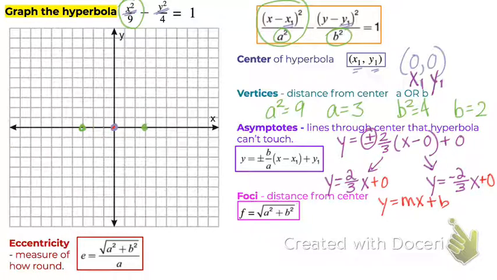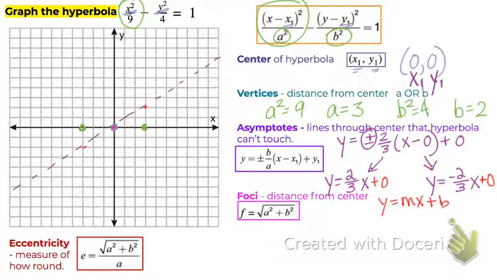So the first equation, the slope is 2/3, so that means we're going to go up 2, and since it's positive, we're going to go to the right 3. Or we could have gone down to the left 3. But positive slopes are always going up from left to right. After you've got a couple of those points there, you can do a dashed line through them to draw that asymptote.